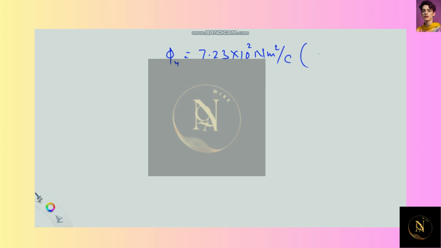Again it is positive, so the flux is leaving the Gaussian surface. Answer for the fourth part of the problem.